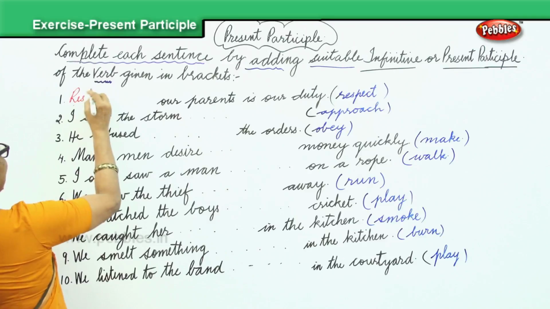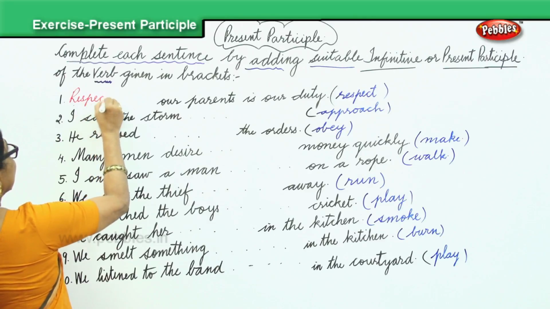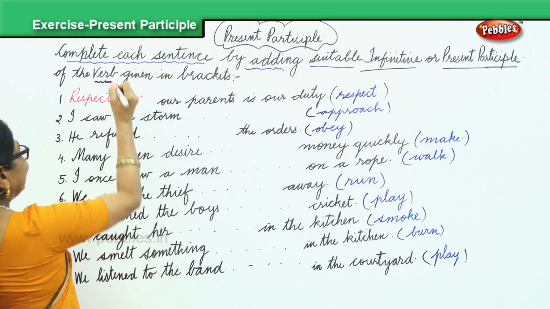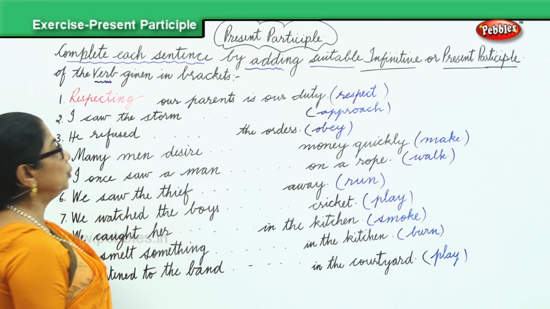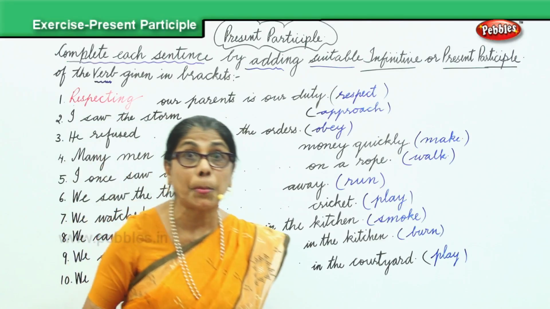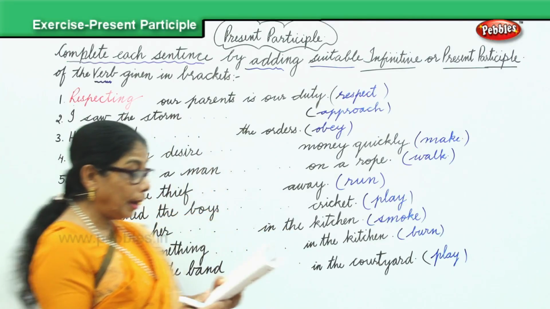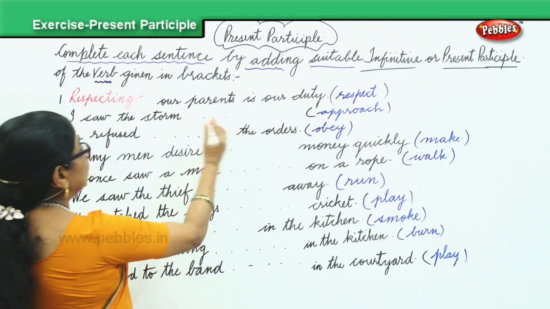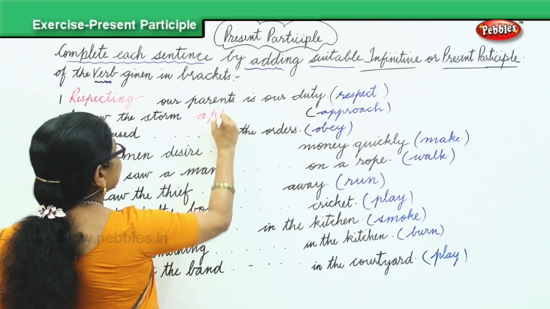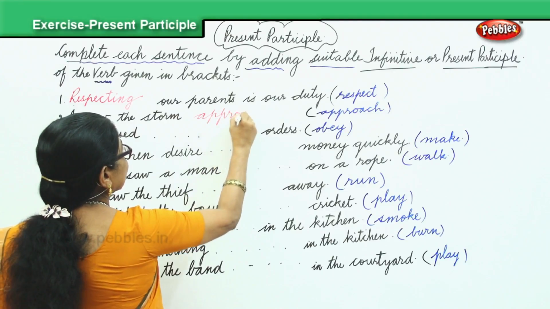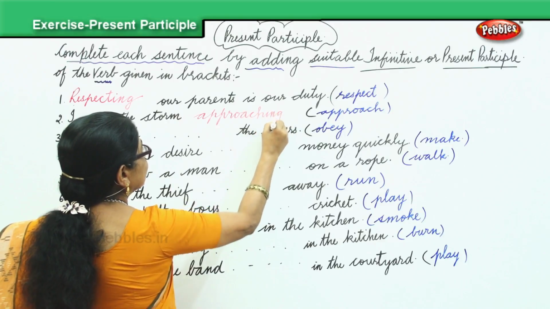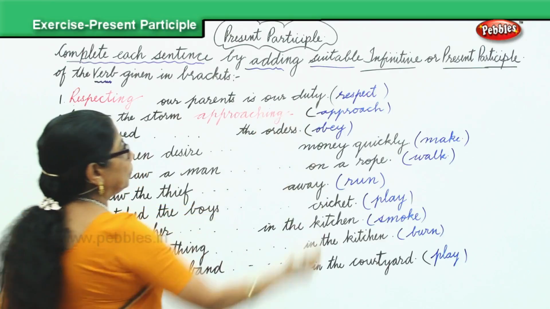Then the second one: I saw the storm. Very good. Approaching. I saw the storm approaching.